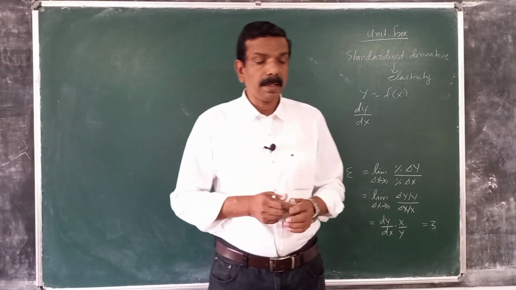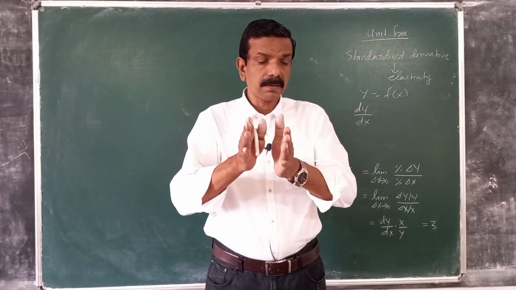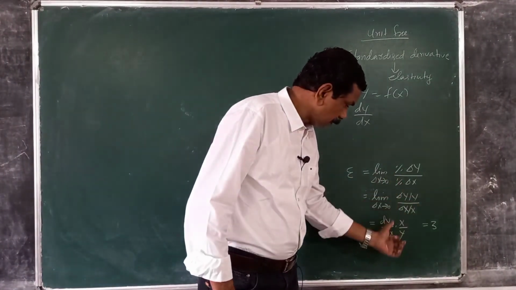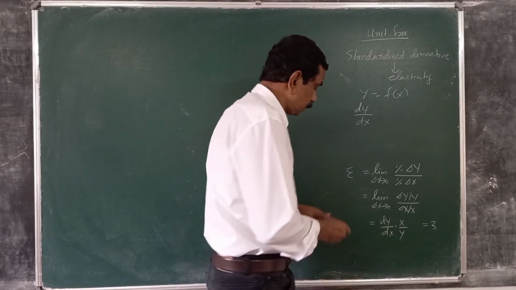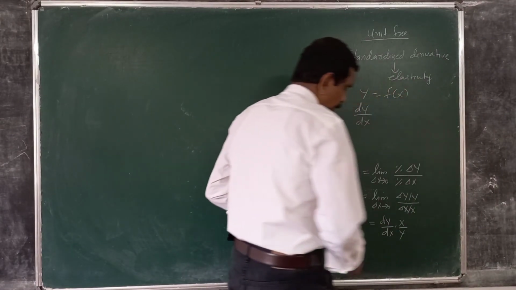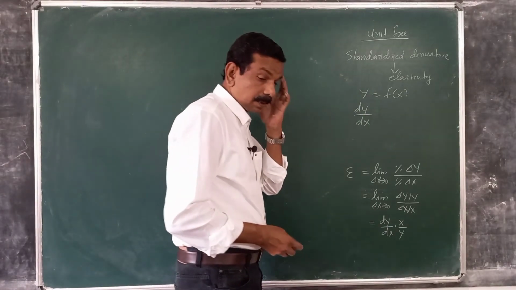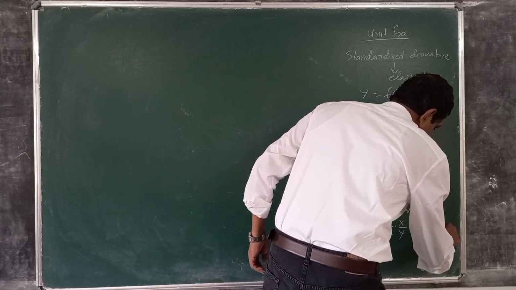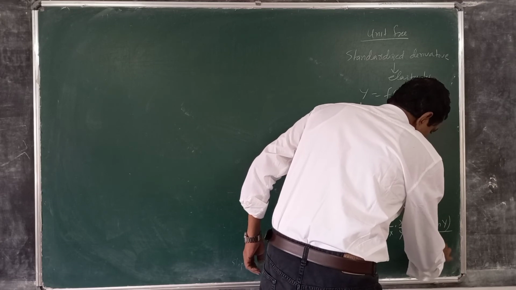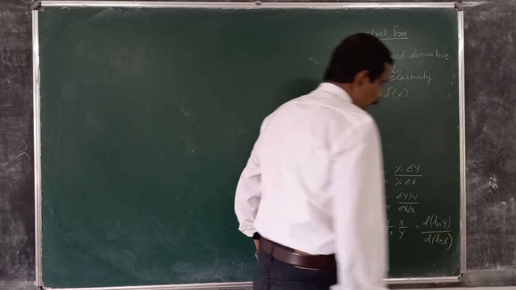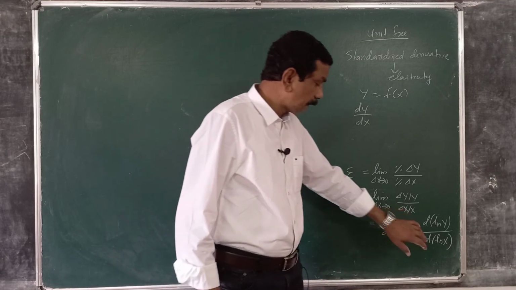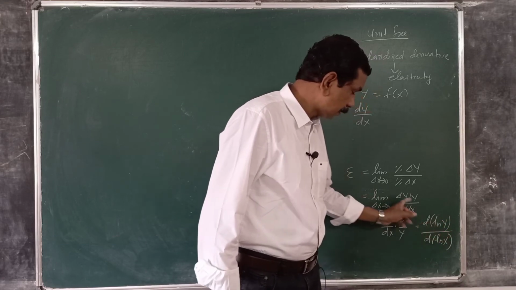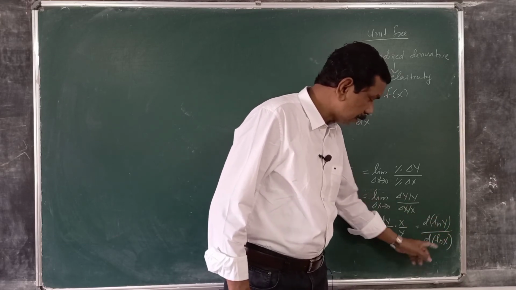Now, since elasticity is a percentage change measure, this epsilon can also be written as d ln y divided by d ln x, because d ln y is dy by y and d ln x is dx by x.